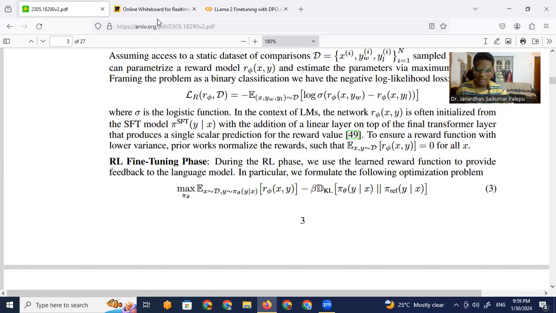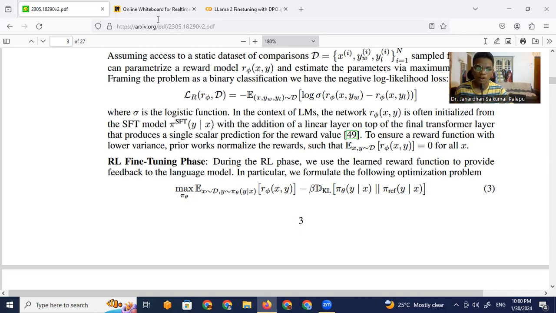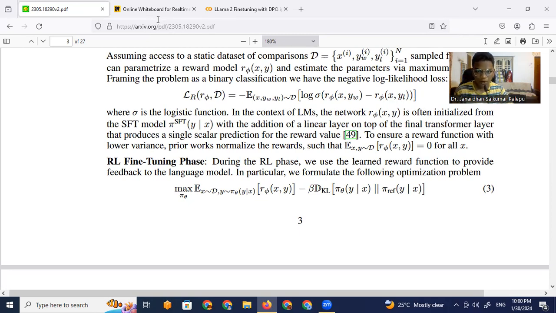After having the reward function, we have this formula in which the model's goal is to maximize the reward, R, under pi. It also has another term, minus beta times the KL divergence. KL divergence shows us how different one distribution is from another.